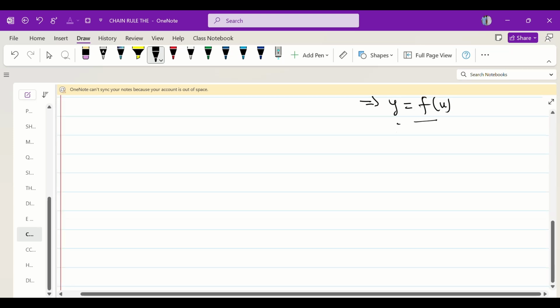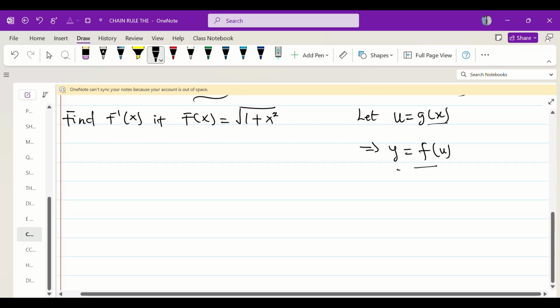So according to the chain rule, for you to get dy/dx, you differentiate y with respect to u, so dy/du, multiplying by the derivative of u with respect to x, so du/dx. Do you get it? That's basically the chain rule.